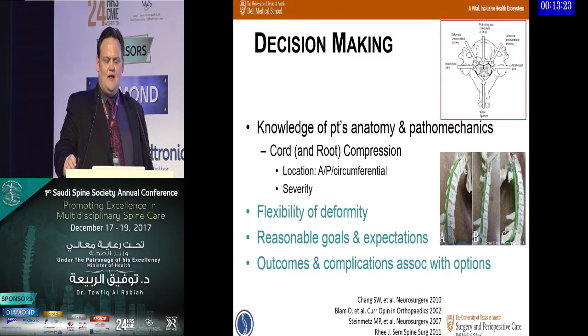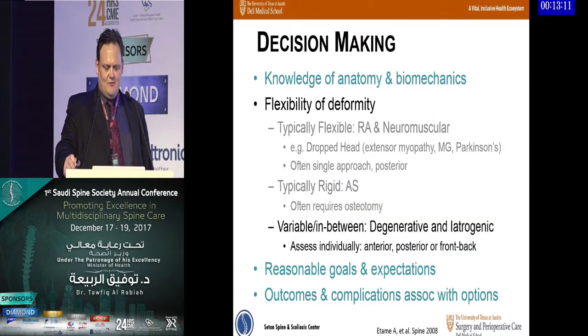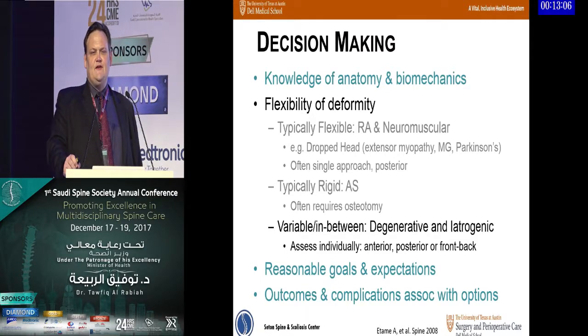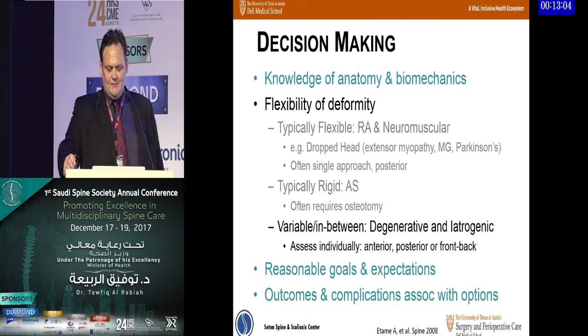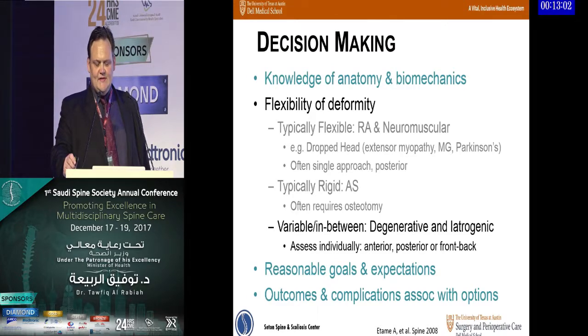In assessing their neurologic compression, it's important to understand if there is any, if it's anterior, if it's posterior, whether it's disc level only, whether it's retrovertebral. The deformity itself can cause problems with the cord with a stretch myelopathy, which we'll discuss in a second. There are often very severe looking deformities that are quite flexible, like dropped head syndrome, and these typically can be treated with a simple posterior approach.